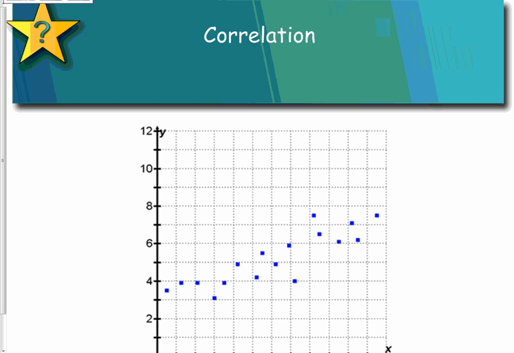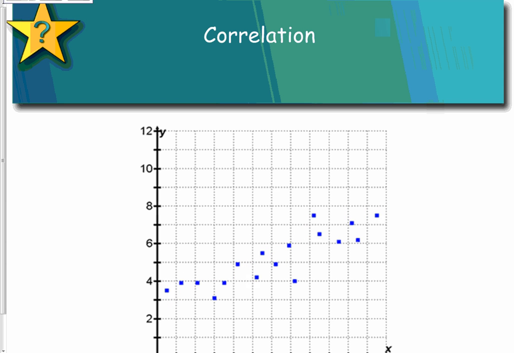So correlation kind of looks like this. You're looking at two sets of data, and you're trying to figure out, do they correlate? Do they establish some sort of pattern? The reason I'm doing this is because if I can establish some sort of pattern through here, then I can make a prediction. Now the more it correlates, the easier my prediction becomes.